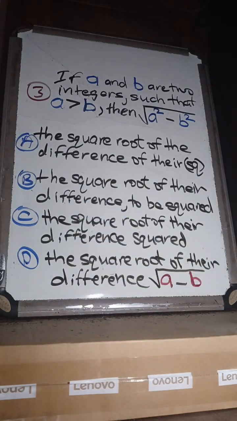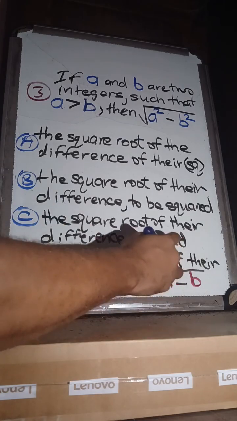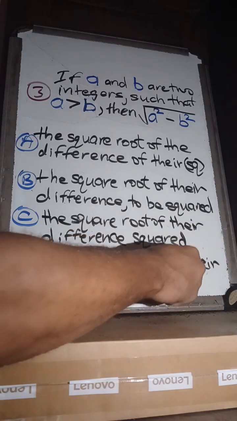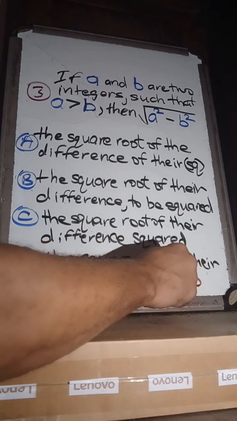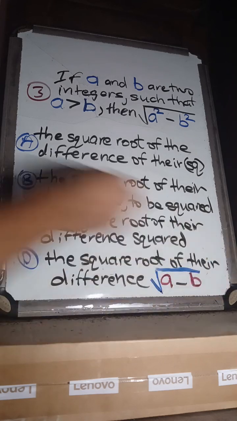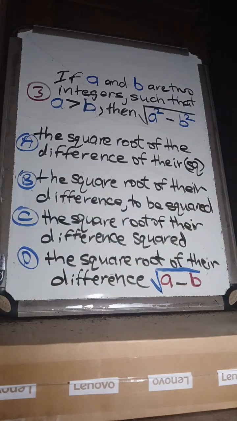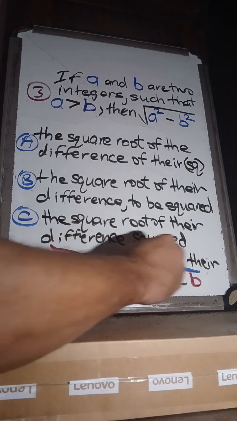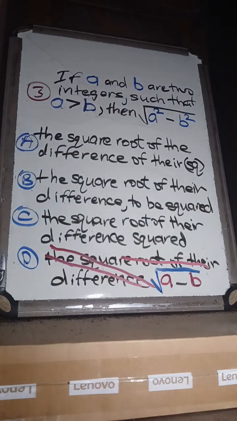So if you want to answer the question, the best thing to do is to actually do the translation so that it makes sense, right? The square root of their difference, that's what it looks like. Therefore, this cannot be. We're not even going to entertain that, right? So we can just eliminate that. That's not going to work.